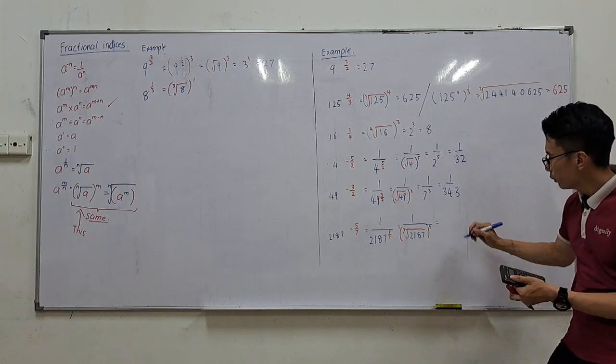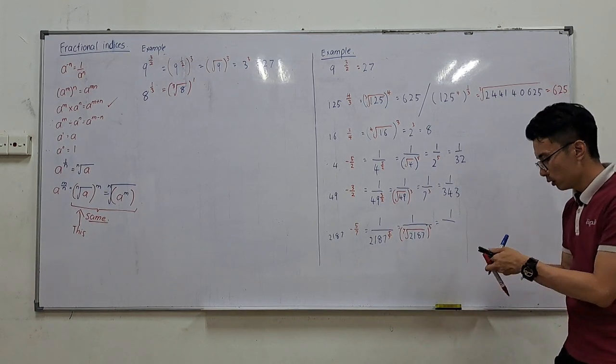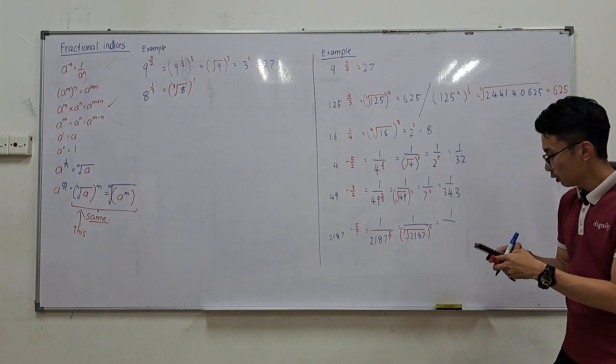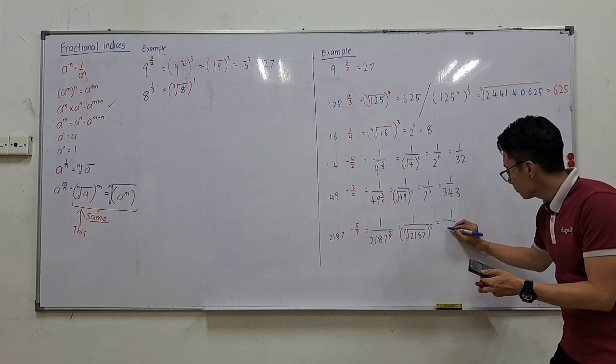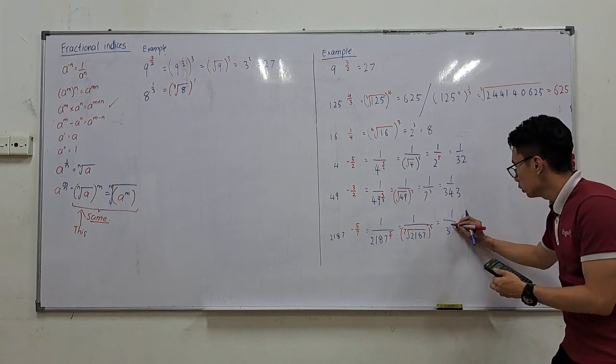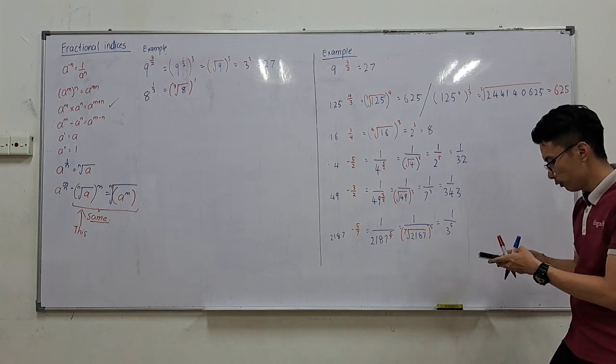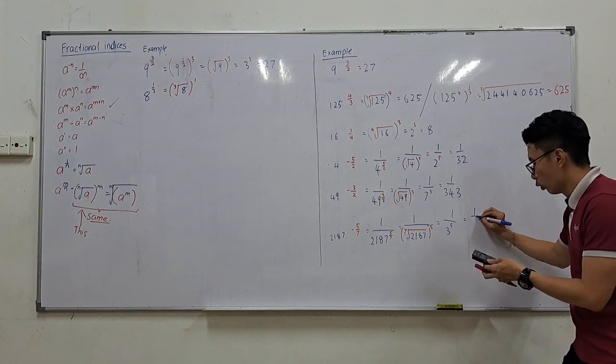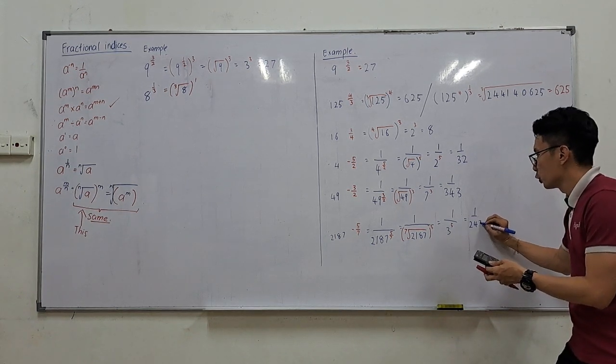Okay, we can solve this in our calculator, and what do we get? The 7th root will give me 3, and I will need to raise it to the power of 5, and that will give me 1 over 243.